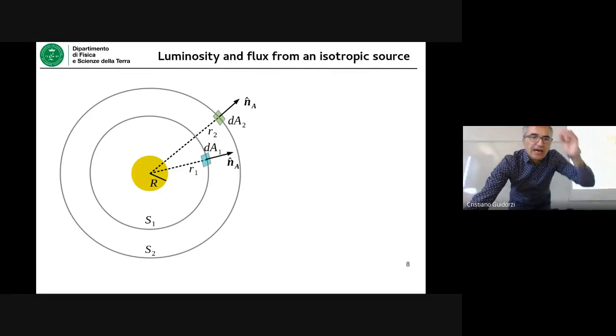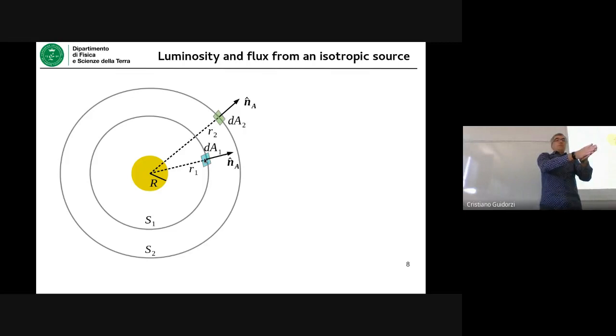so we ideally put a surface element, which I call dA1, at a distance R1. Let's imagine this surface element lies on the spherical surface at that distance. So it's just a small tile of the surface with radius R1.